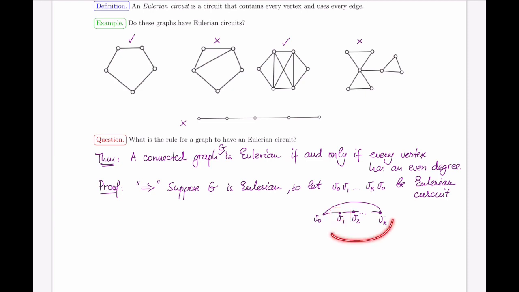Now, this circuit might actually go back through the same vertex more than once, but every time I go in, I have to come out. So every time I contribute 2 to the degree. And any multiple of 2 is, of course, an even number. Therefore, every single degree of the vertex is going to be even. It won't necessarily be 2, might be 4, but it will be even.